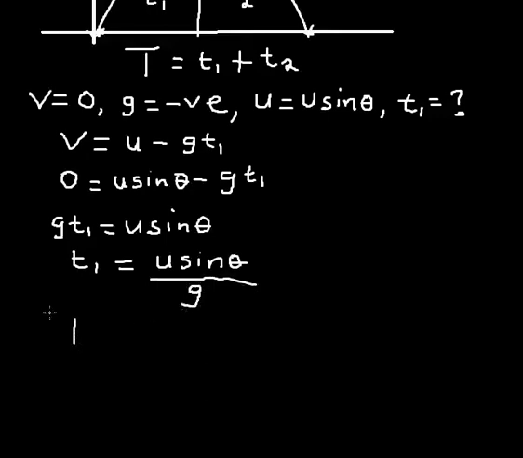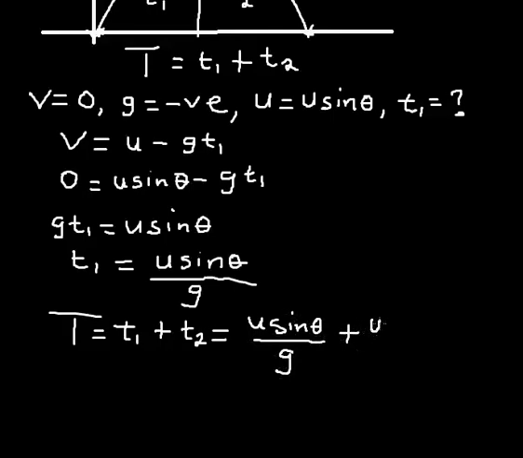Don't forget, the time of flight is going to be equal to t1 plus t2. t1 is also equal to t2. t1 is u sine theta divided by g. t2 is still the same, u sine theta divided by g.